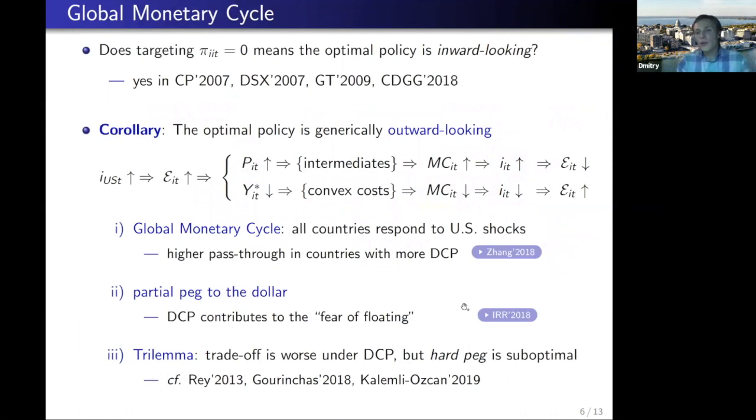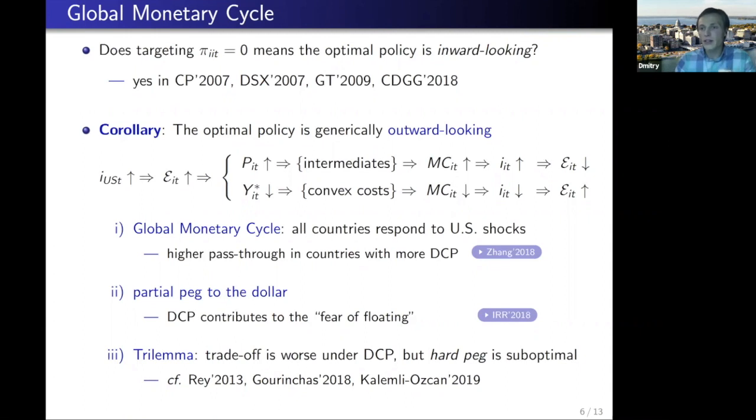right, there's this debate about trilemma versus dilemma about the global financial cycle, and there's kind of disagreement about what exactly we mean by these terms. So let's not get confused by the words here. What we find is that indeed it's not really the world of the Mundellian trilemma, right? The trade-off faced by the policymakers is much worse under DCP than under PCP.